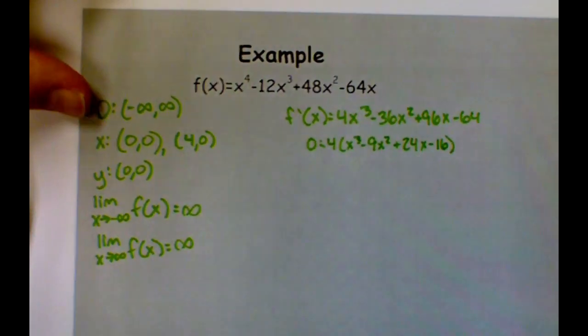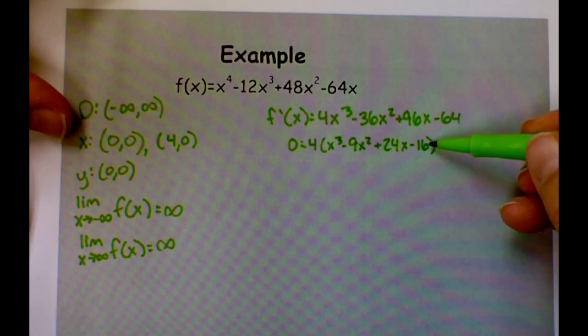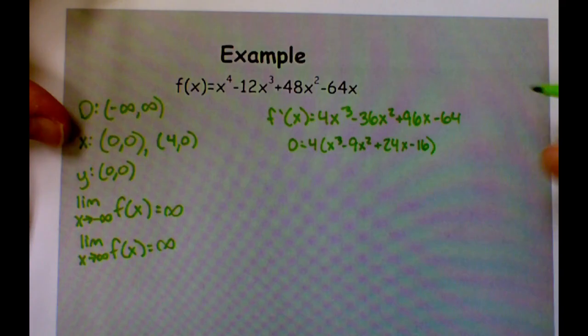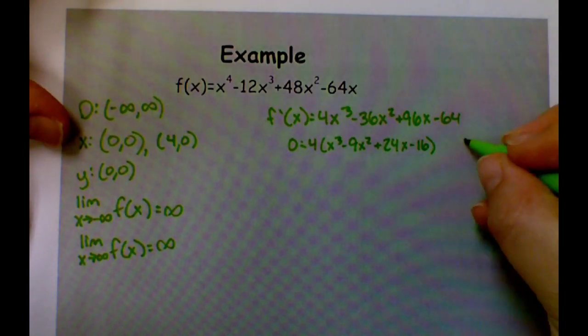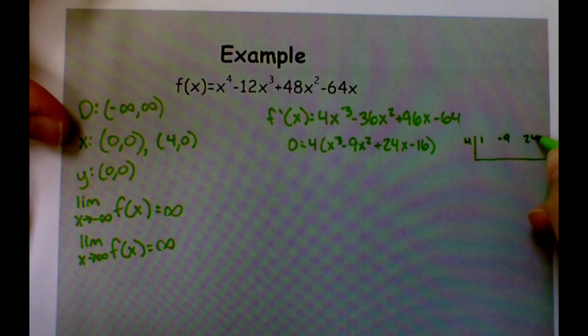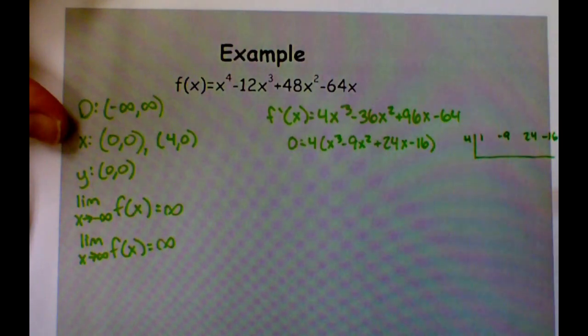Now I use my guess and check method again. Possible zeros are 1, 16, 2, 8, 4, or a negative version of any of those. Based on what the original function factored to, I'm going to guess 4. 1, negative 9, 24, negative 16. Let's just check to see if that works.